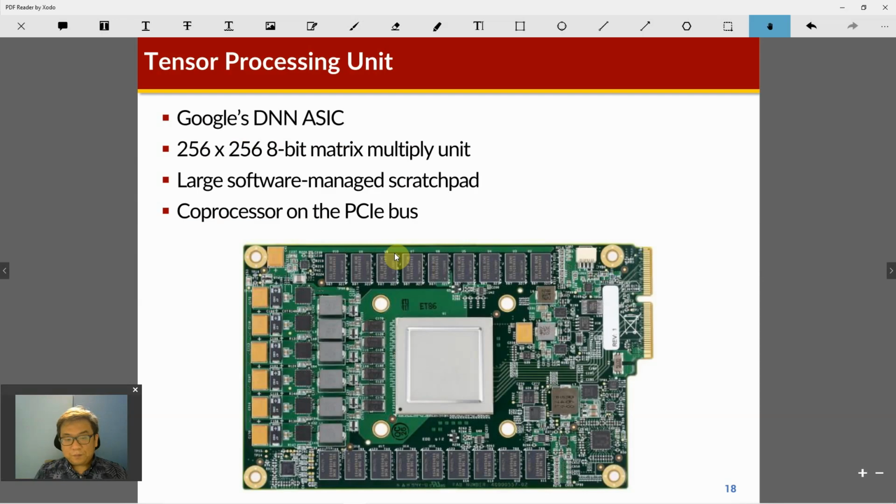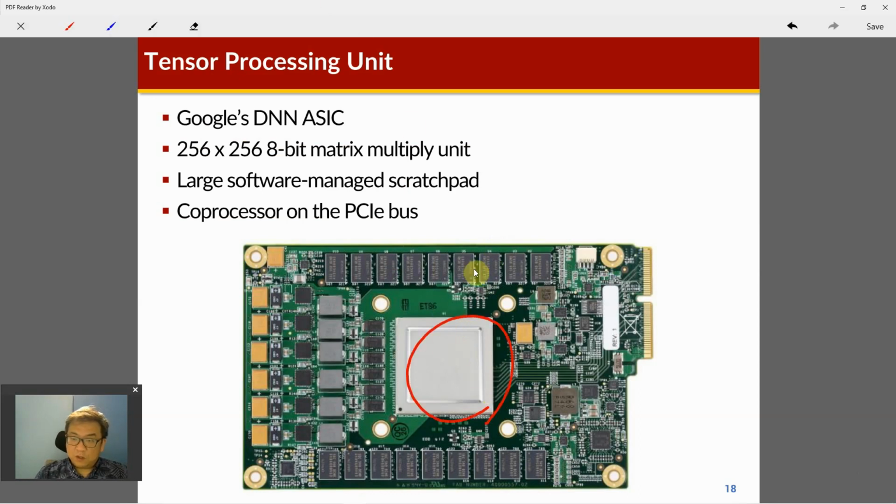This is the board photo of the Google Tensor Processing Unit. It's an ASIC. This is the TPU chip, and you can find many memory chips around it. This is the DDR3 memory, and this TPU board is connected to the server system via PCI bus.